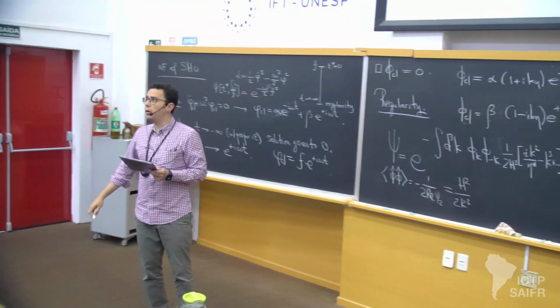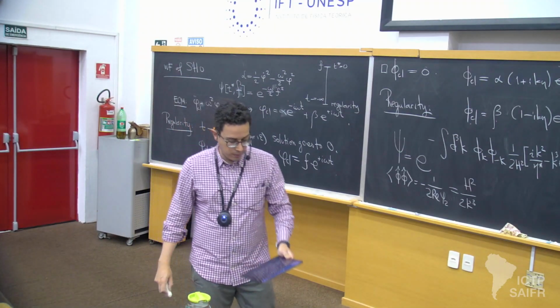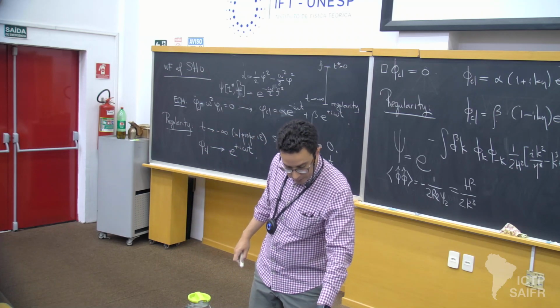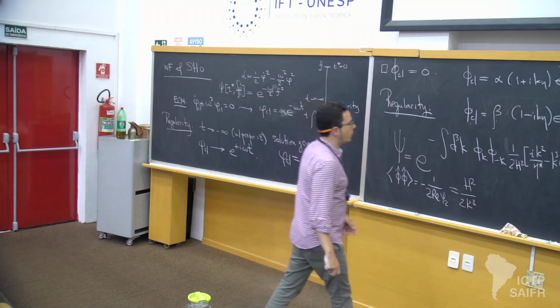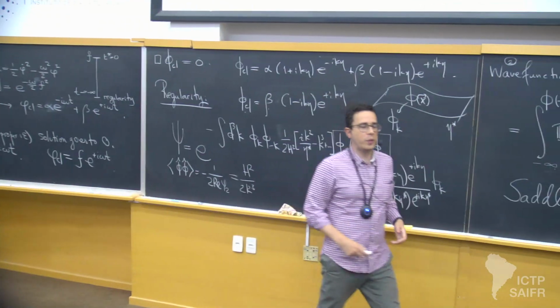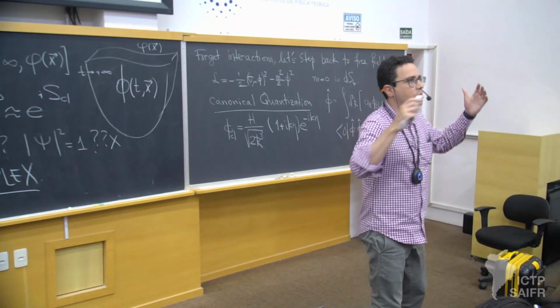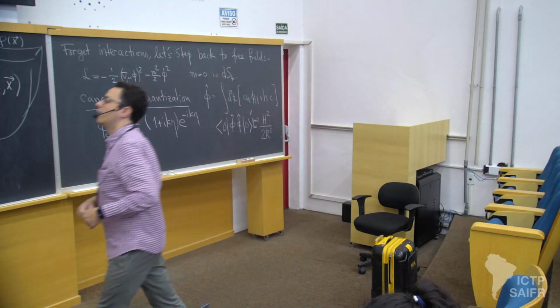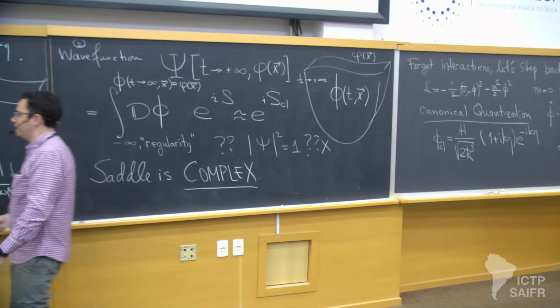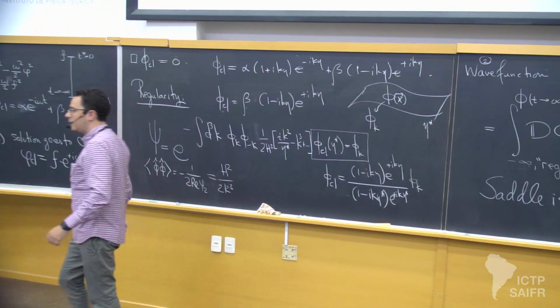But there's a term that blows up as eta star goes to 0. So this is a big oscillatory phase, which is related to this wave function being very WKB-ish. It has a big phase. The field classicalizes, okay? So that's what this is telling you.